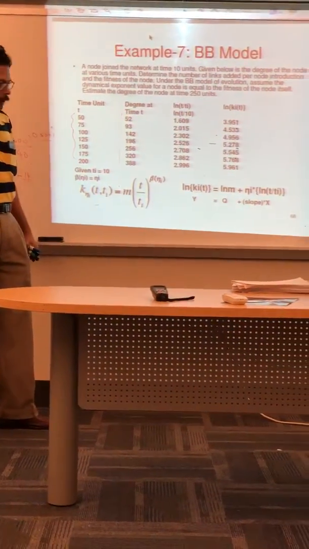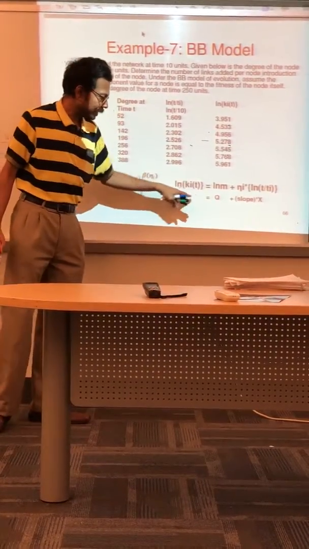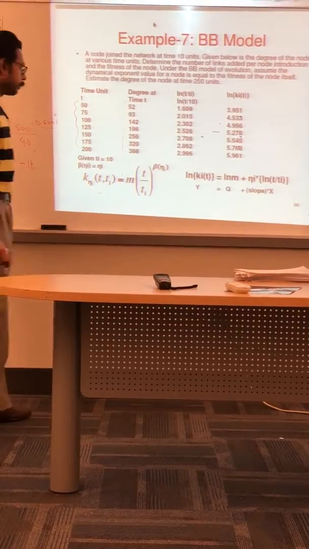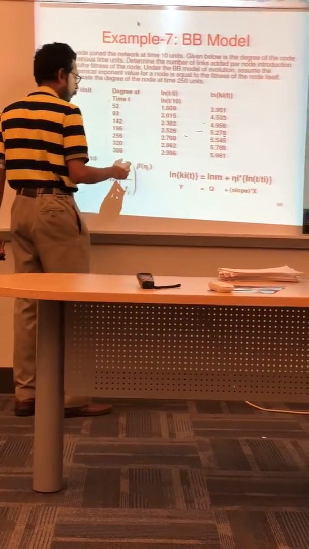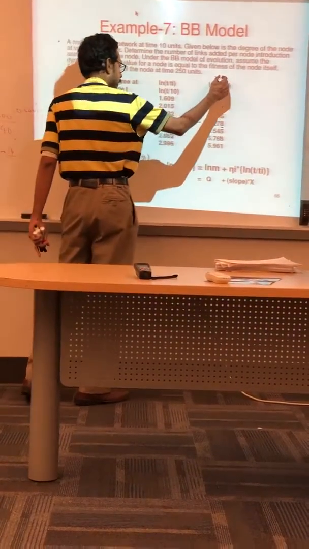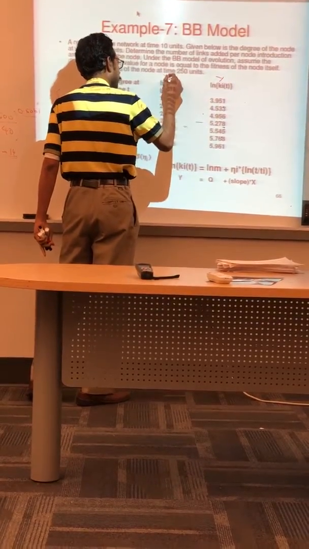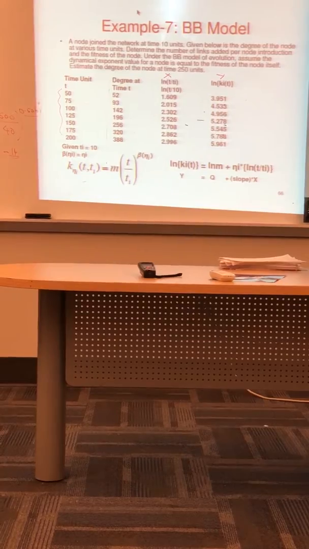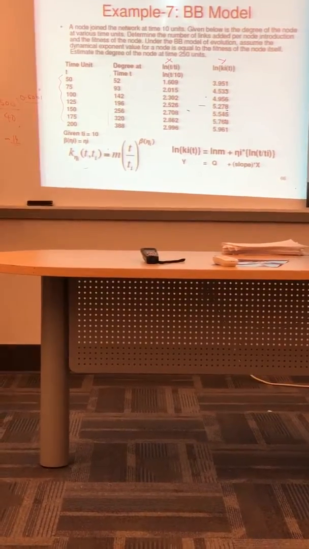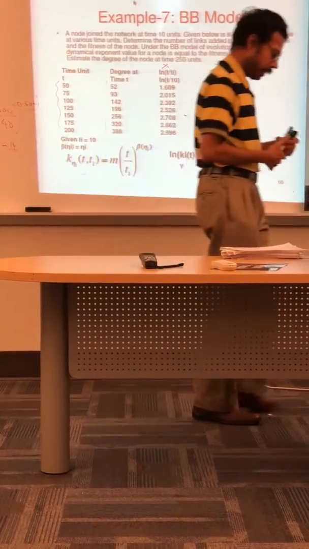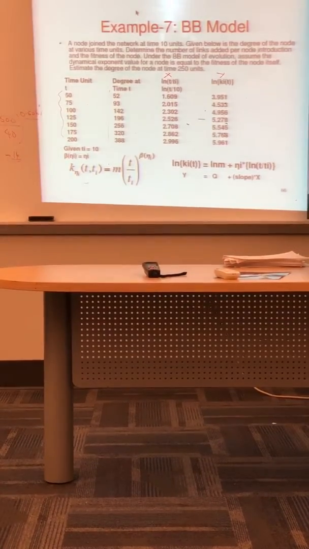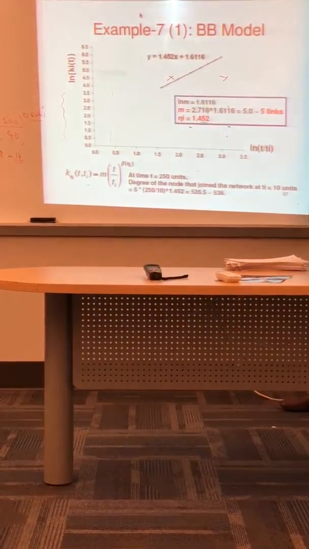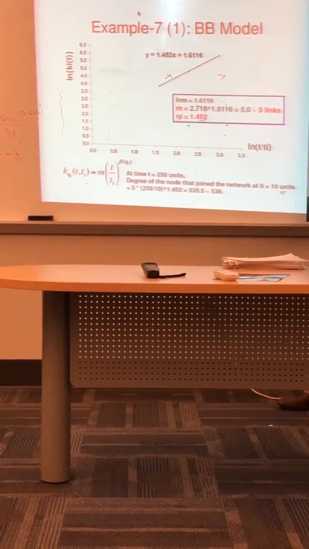So what you have to do is plot this as a straight line, and you have to choose x and y carefully. The log degree is the y, and log t over ti is x. Plot them and try to fit the straight line and see what the equation is. So we get y equals 1.452x plus this.